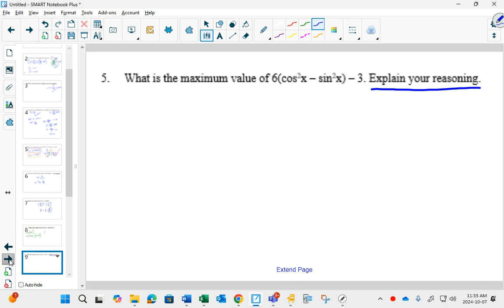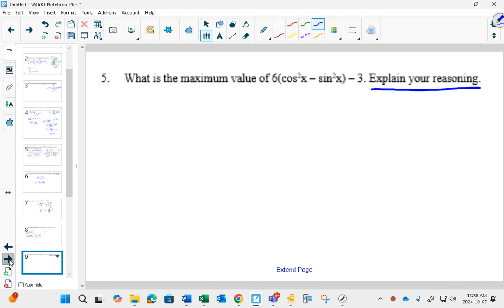This question is really hard because of this part. First of all, you see the cos squared and the sine squared? If you just replace this with a 1, you actually get the right answer for completely the wrong reason. That's why explaining the reasoning is hard.